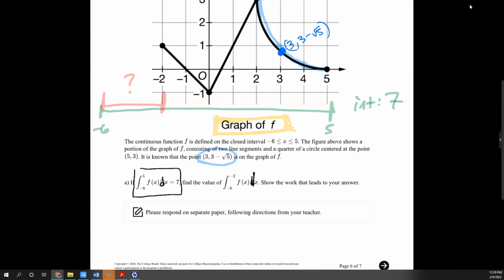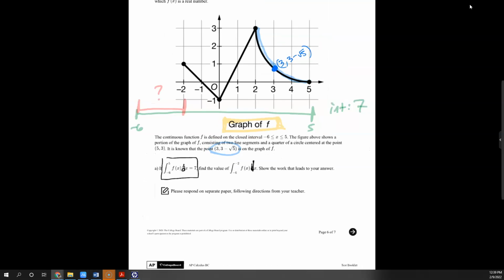How am I going to find that? Look, if the entire thing is 7, and then if I could find this, I could subtract it, and it would tell me what that is. Right? So, as I was thinking, it's going to make me do the area, I'm right.